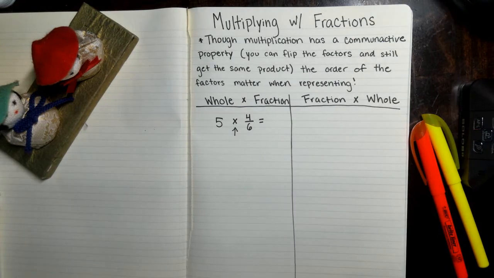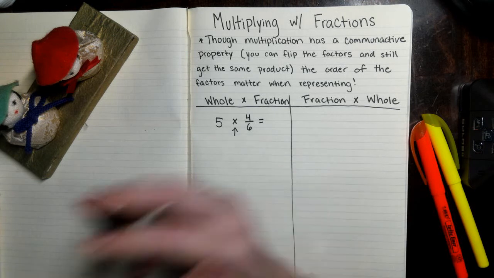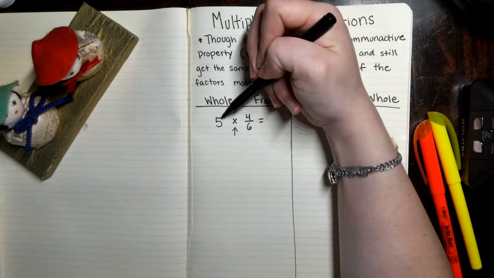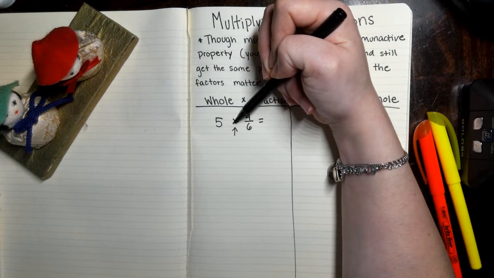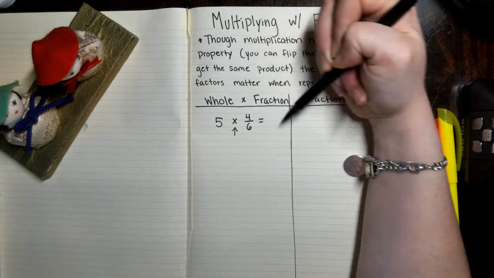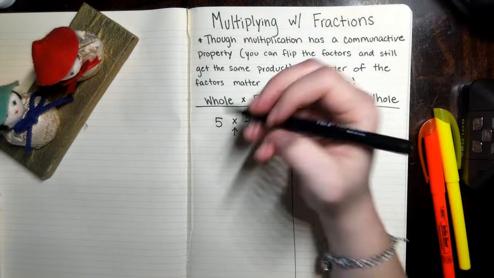I can say this problem out loud, just like how I did earlier with the 4 times 2. 4 times 2 equals 8 is the same as saying 4 groups of 2 equals 8. So it's the same thing. 5 groups of 4/6 equals a number. We don't know it yet.